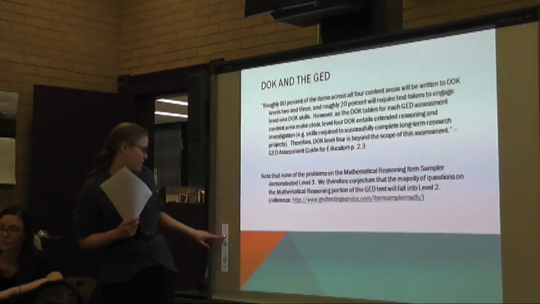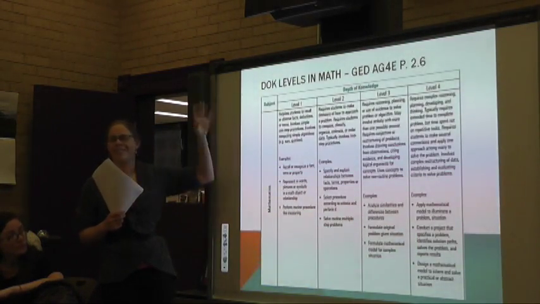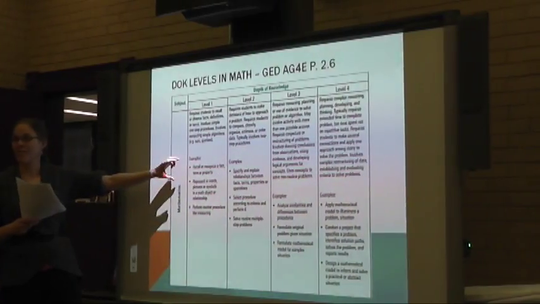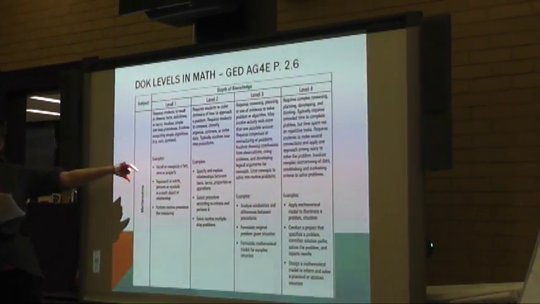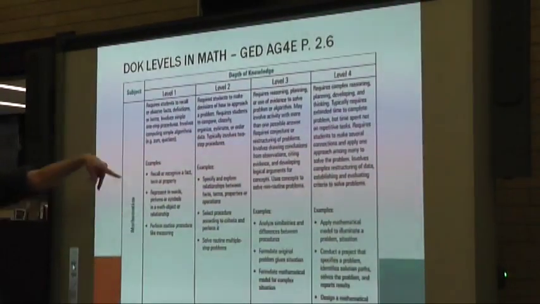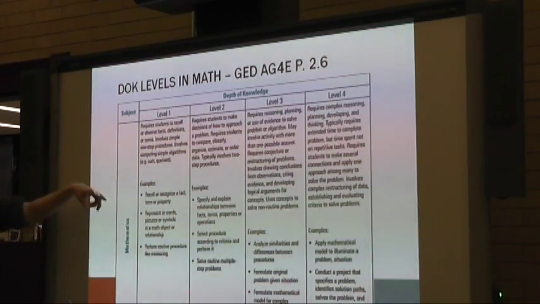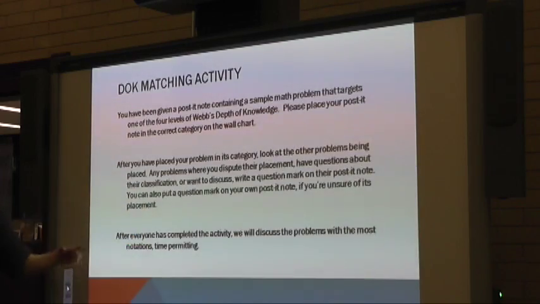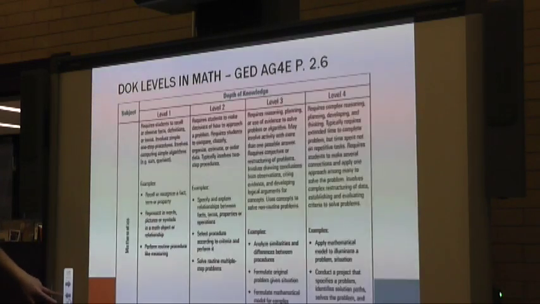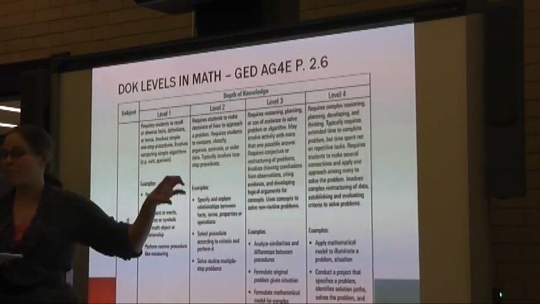And then we're not going to read through this because that's a lot of text, but another helpful resource that I've seen is in the GED Assessment Guide for Educators. It's on page 2.6, a chart that gives you examples of each type of problem.